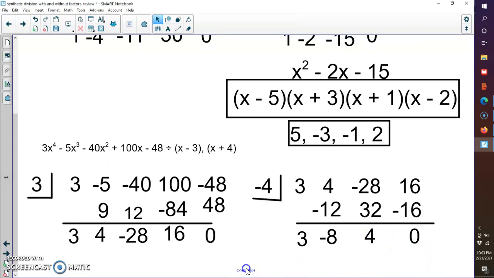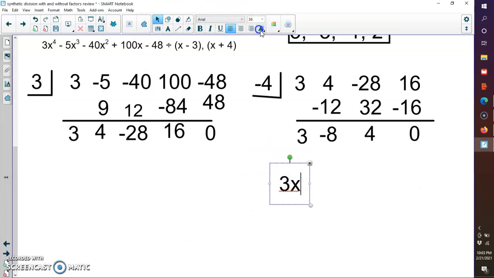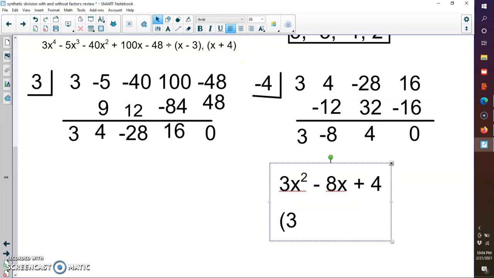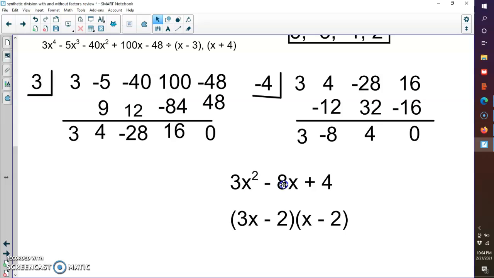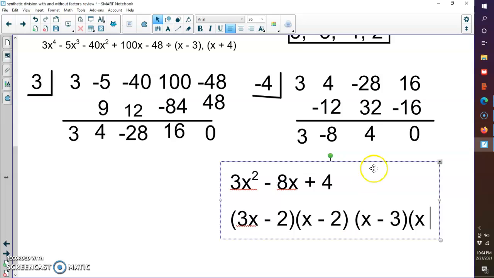So now we're going to do 3x squared minus 8x plus 4. When I go to factor that, that is 3x minus 2 and x minus 2. All right, and that's how you can factor 3x squared minus 8x plus 4. Factors to 3x minus 2, x minus 2, and I need to include x minus 3 and x plus 4.